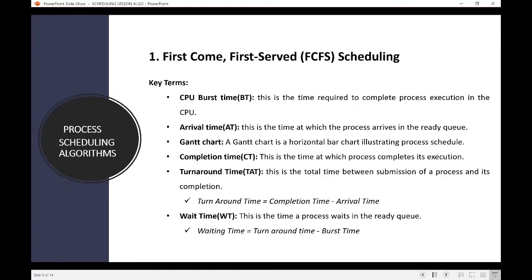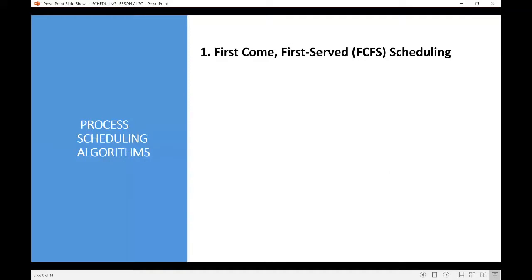So those are the terms we'll be using in all the types of scheduling while doing some calculations. Now, let's start by seeing how to perform first come, first served.